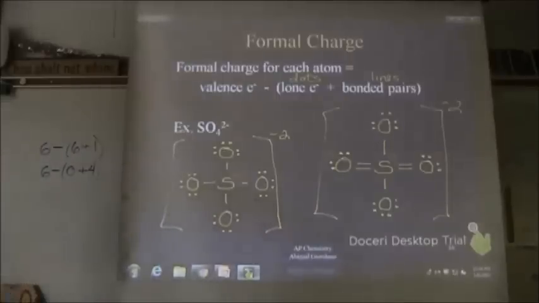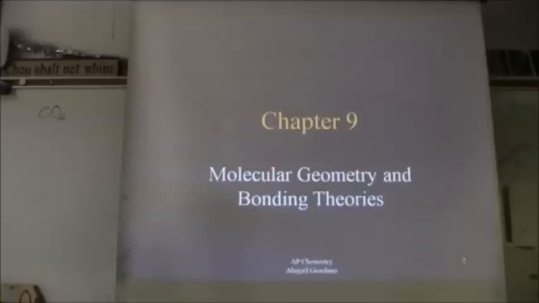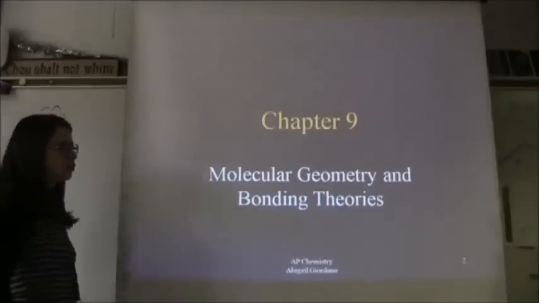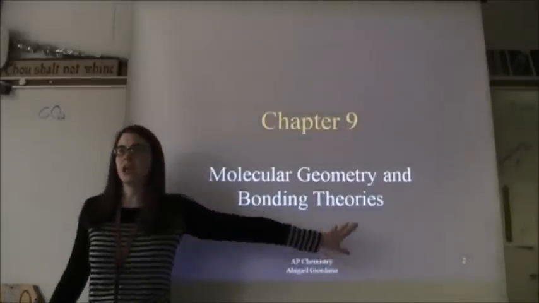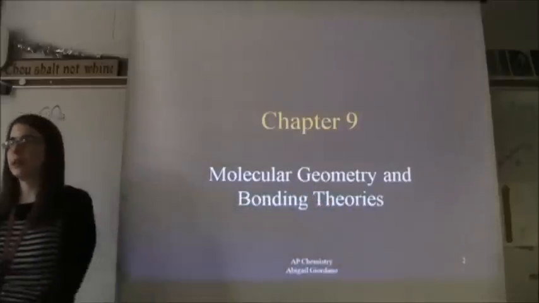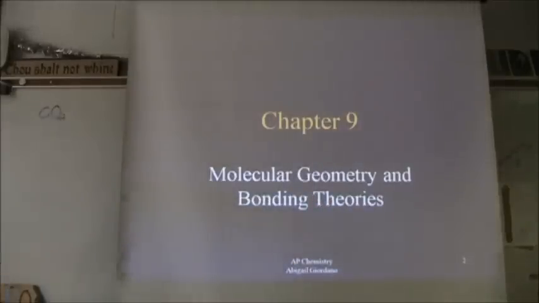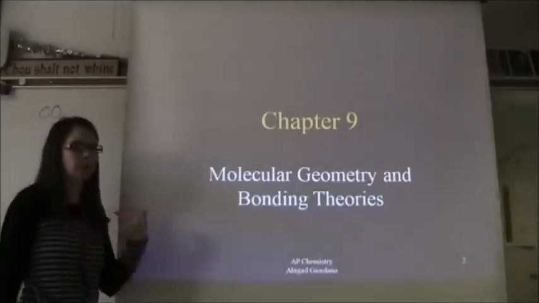So that's the end of chapter 8. I will tell you that the big overarching topic in chapter 9 is shapes. Looking at a Lewis structure and being able to tell me what its molecular geometry is. What is its shape?